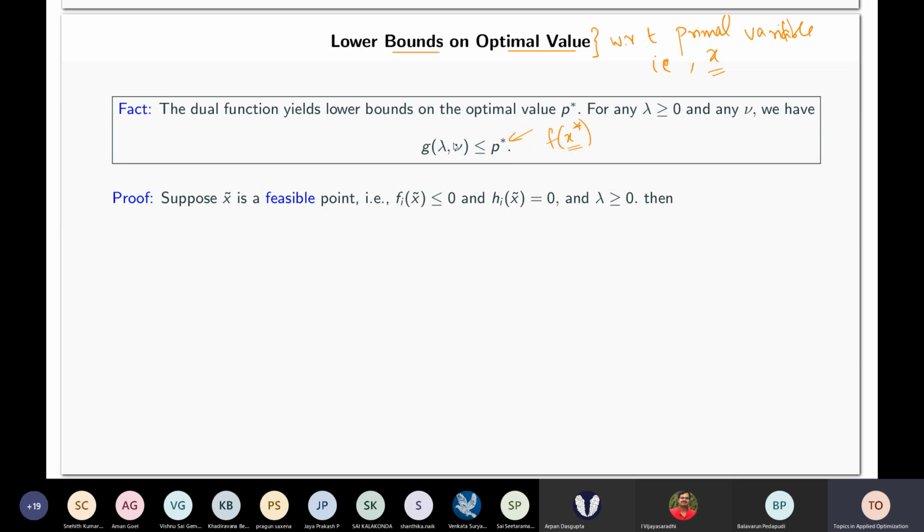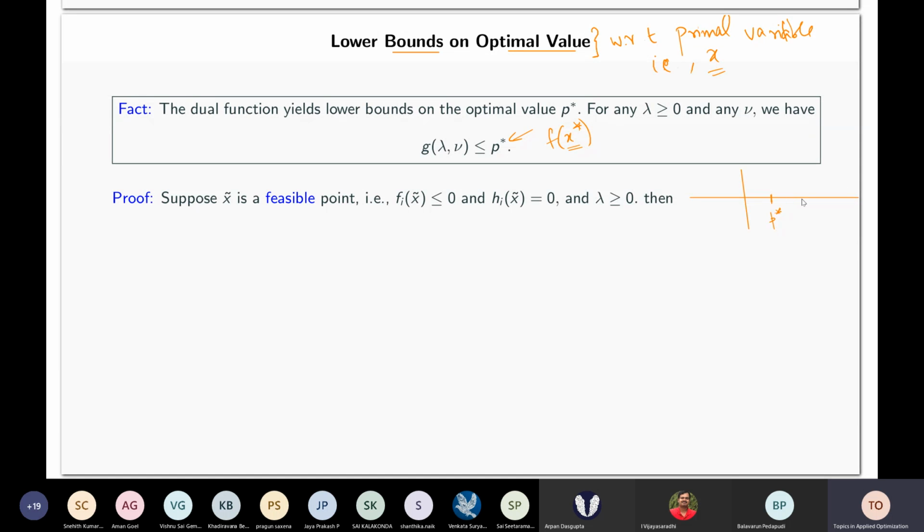What this relation tells us is that if you get hold of the dual function somehow, it gives you a lower estimate of your primal optimal. We are minimizing in the primal domain, and our p star is here.